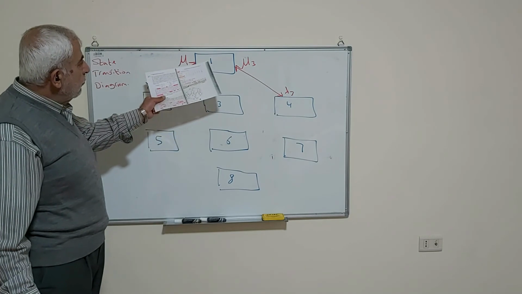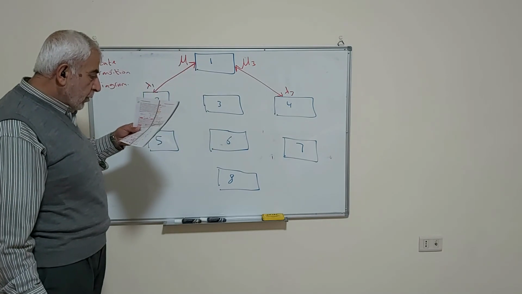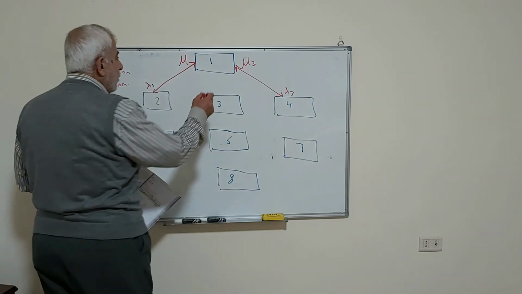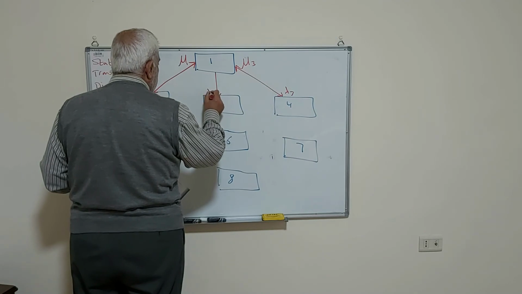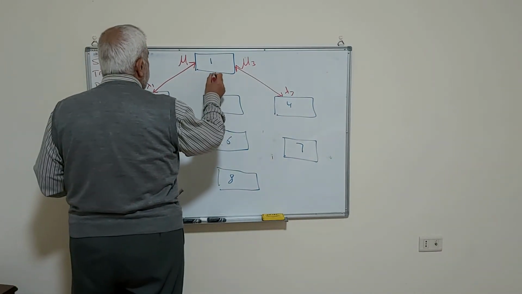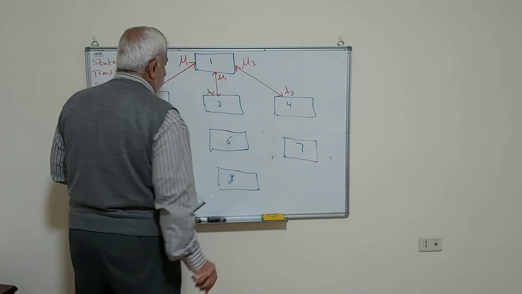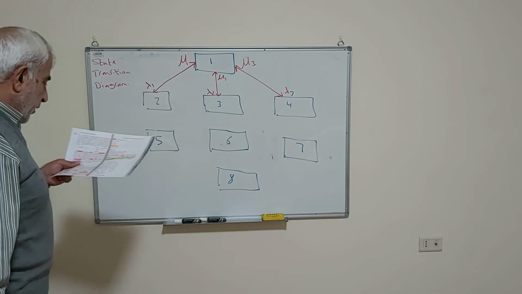Now I can move from state 1 to state 3 when unit 2 has failed. Therefore I have here lambda 2. Then I can go back by the repair rate mu 1.